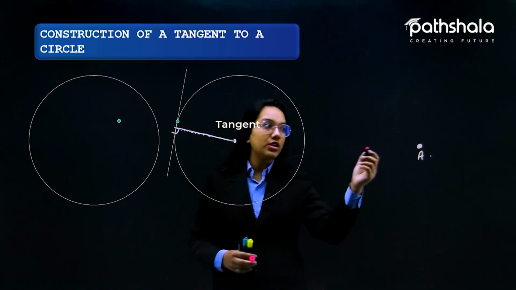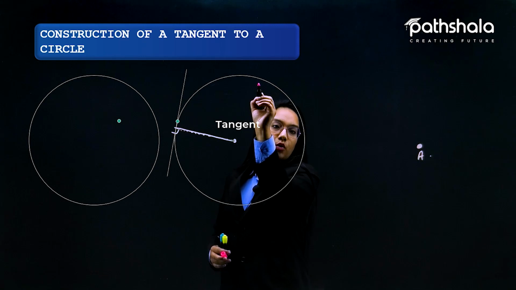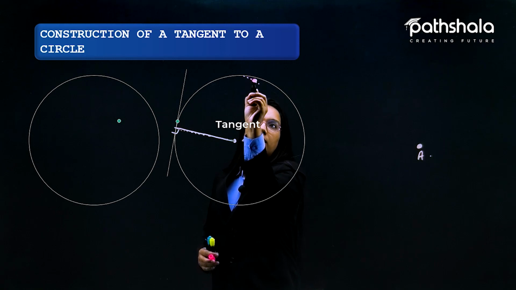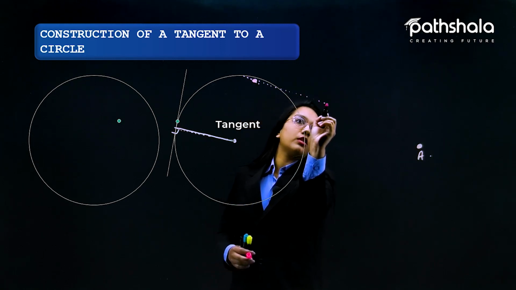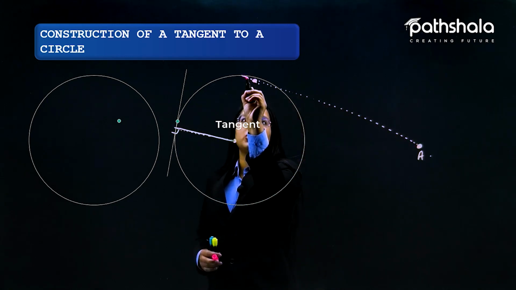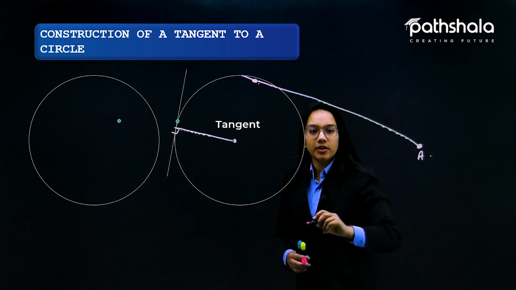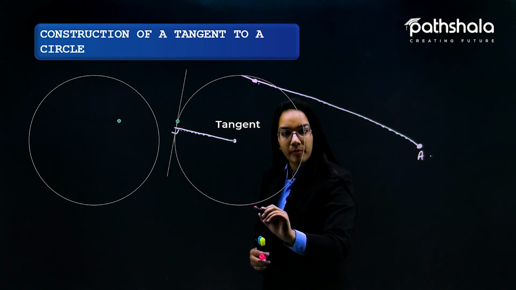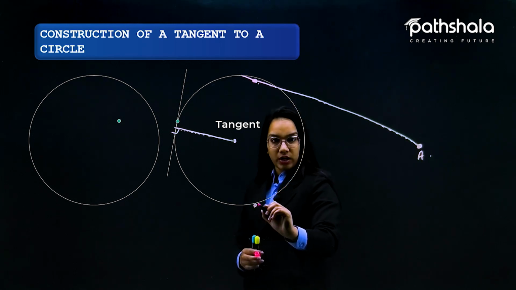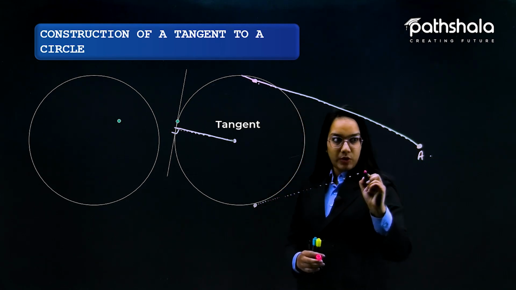Suppose I'm talking about this particular point, then I can join it with this one. This is my first tangent that passes through this point. Further, suppose I take this point over here and join it with this point.